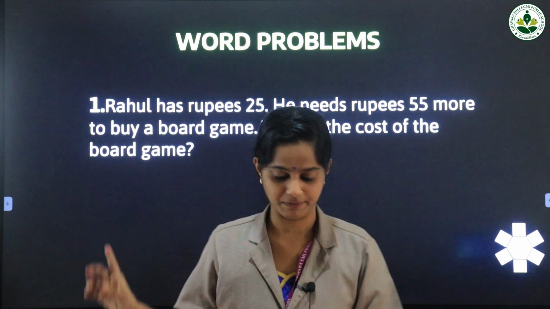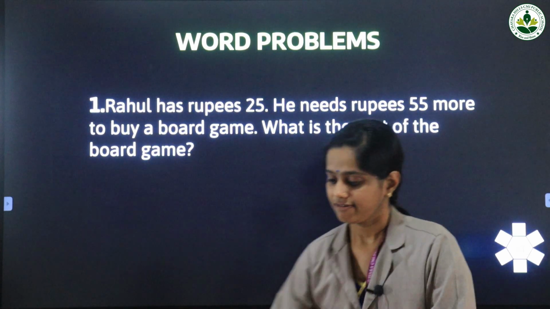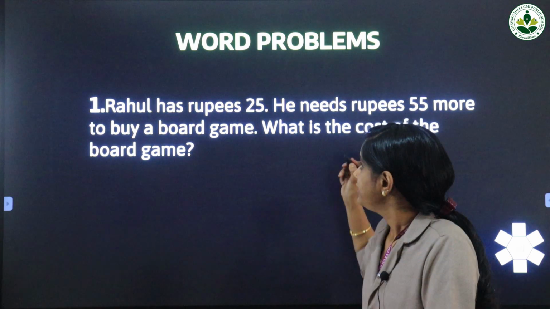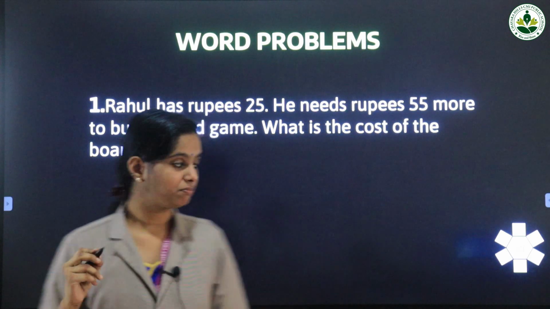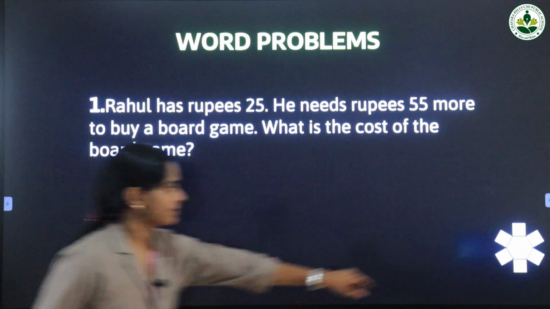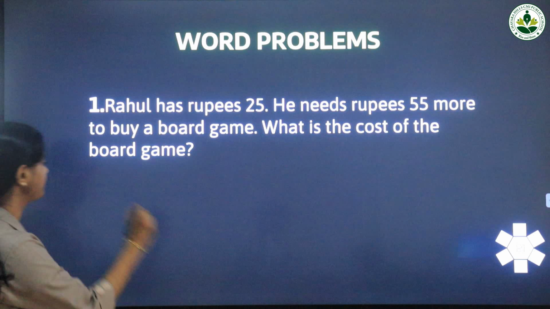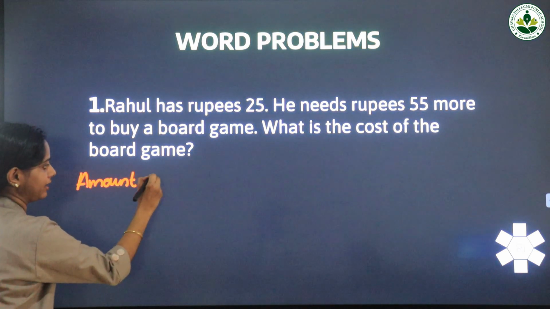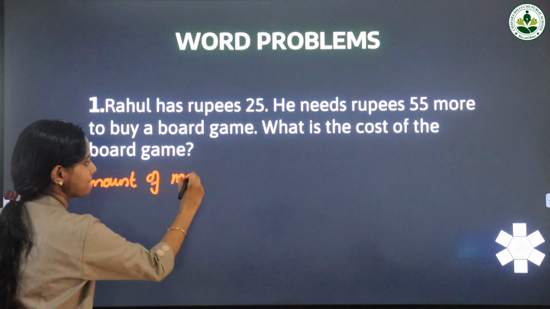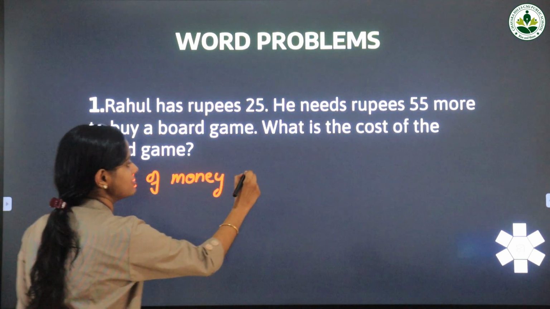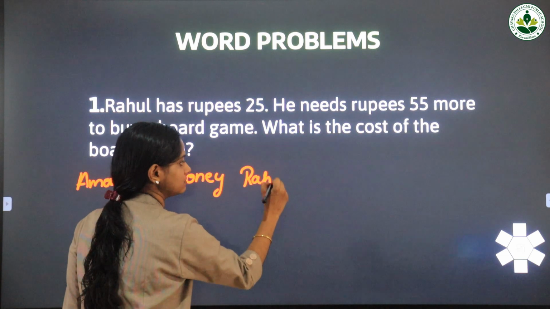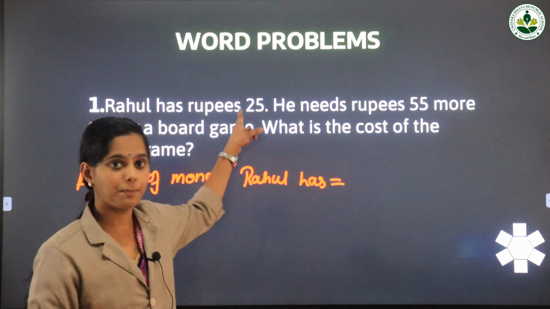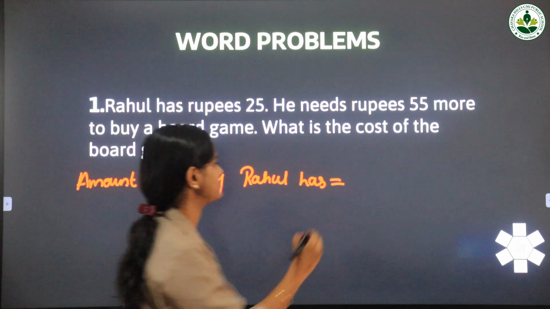Okay, this is the word problem. So we need the step. Rahul has how many rupees? Rahul has 25 rupees. The amount of money Rahul has is equal to how many rupees? 25 rupees.